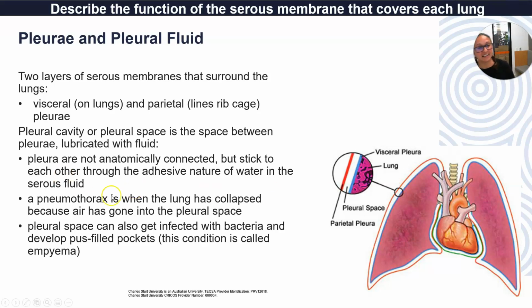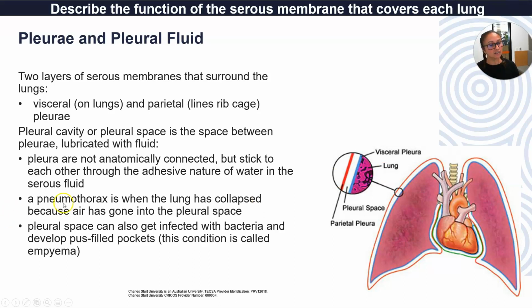Okay, now it says here that the pleura are not connected but stick to each other. There's surface tension because there's fluid, and water always likes to stick with other water molecules because it keeps it all together.